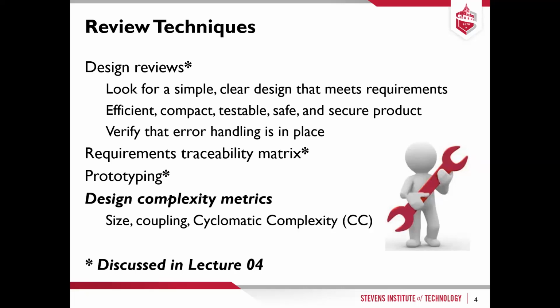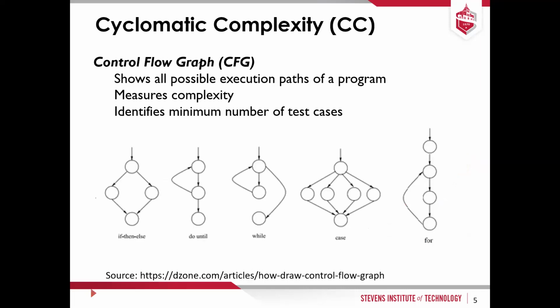This week specifically, we talked about design complexity metrics, which covered different size of the system, coupling, and cyclomatic complexity. What do we mean by cyclomatic complexity? Different paths that we need to take from different functions to make sure that our system works well is cyclomatic complexity.